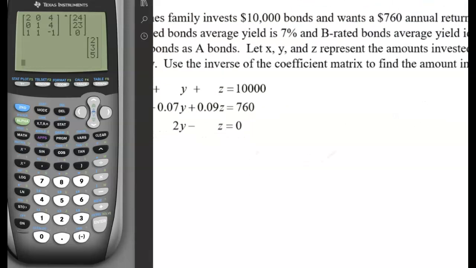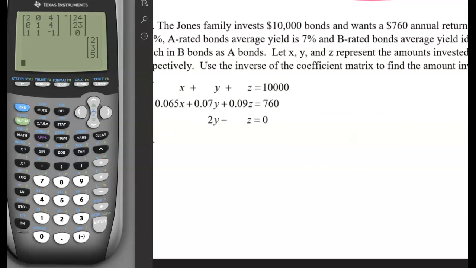We first convert this into matrices by taking our coefficients and placing them in one matrix. So here we have 1, 1, 1, 0.065, 0.07, 0.09, 0, 2, -1.